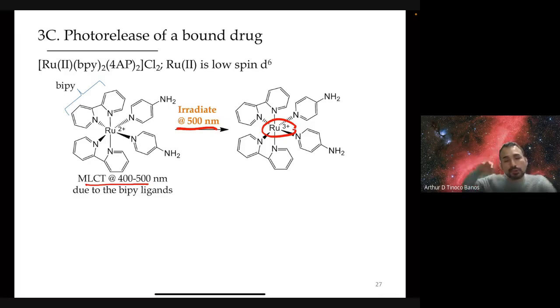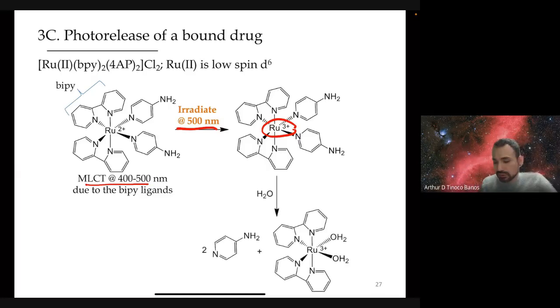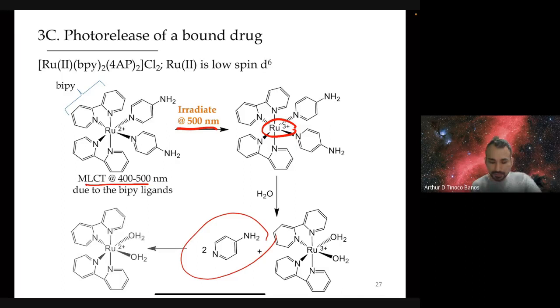Remember, we're irradiating where there is a metal to ligand charge transfer. So electron density is moving from the metal into the ligand. As a consequence, you have a release of the two AP ligands. And so then your metal can be reduced back to ruthenium-2, because it's serving as a delivery vehicle. It's releasing that drug.